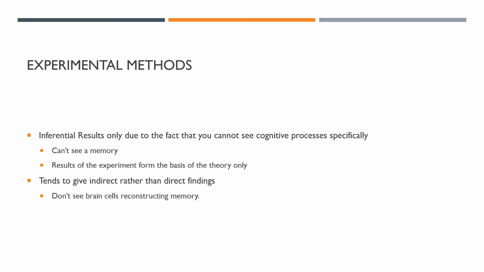We have to form a basis for a theory from the results of experiments, which may or may not be backed up by other experiments. And so this tends to give indirect rather than direct findings. We don't see brain cells reconstructing memory, for instance, even though we're fairly sure that this is what happens.